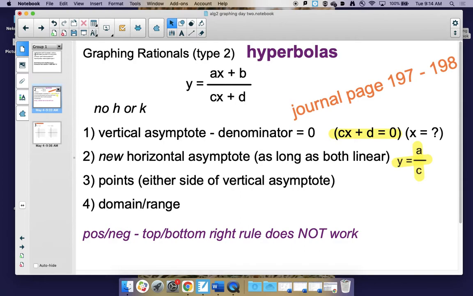But the top right, bottom left rule does not work on type 2. So we're going to look at 5 and 6 on page 199.